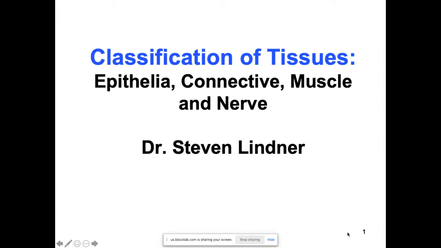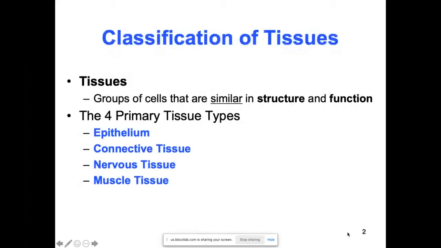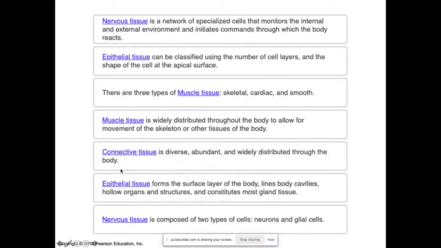Of the four, muscle and nerve tend to be the easiest. Epithelium and connective have many categories underneath. So again, the four different types of tissues based on structure and function are epithelium, connective, neural, and muscle.